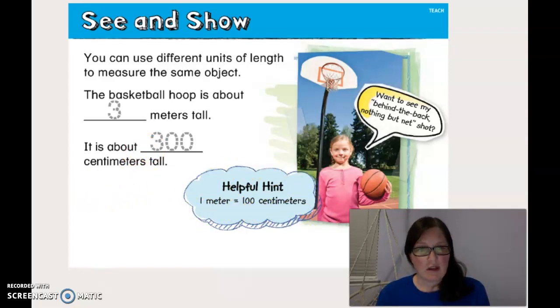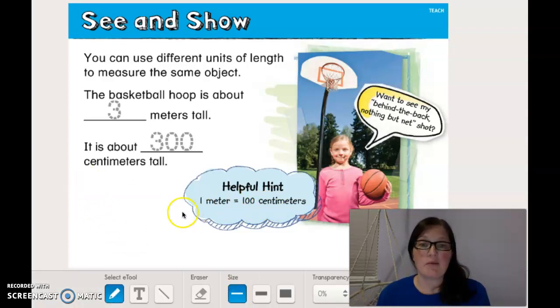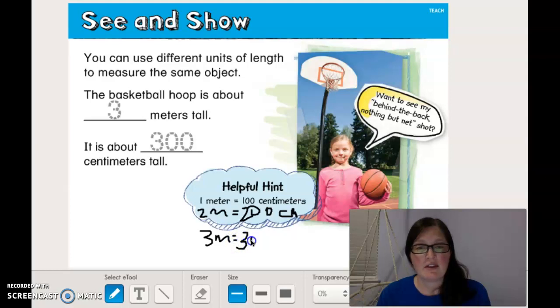Now I can write. If we have 1 meter at 100 centimeters, we would have 2 meters, which would be 200 centimeters. And then 3 meters would be 300 centimeters.